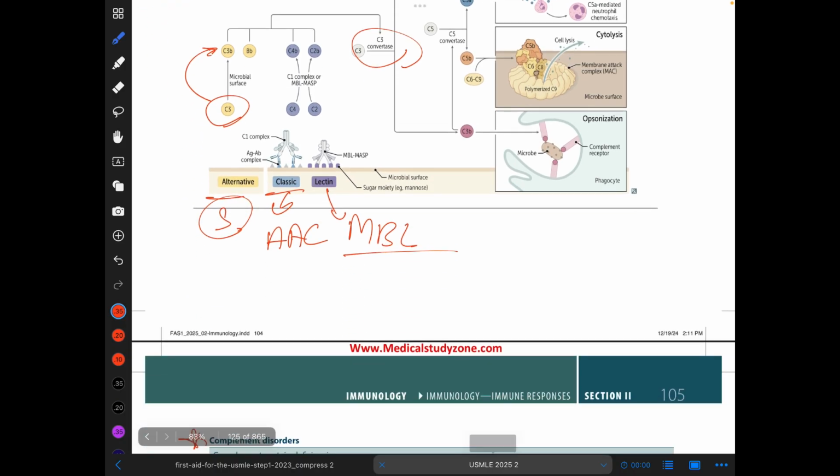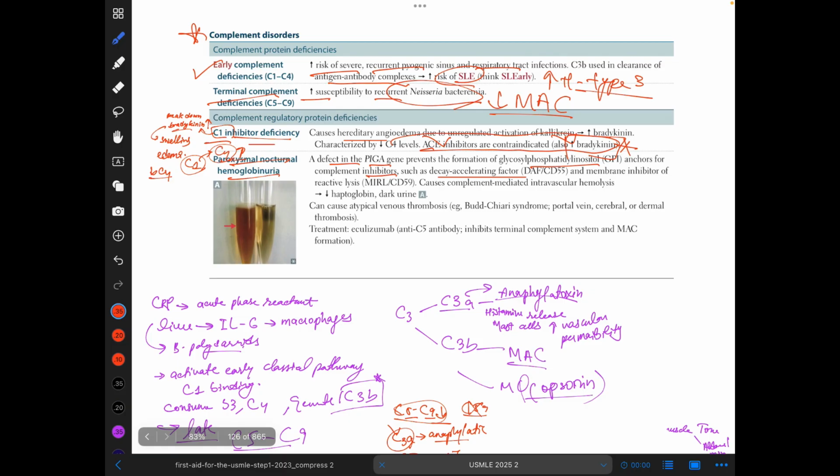We are already done with that. That will protect all the things, but due to deficiency of that, the complement system is going to act on RBCs and lead to hemolysis. We are already done with that.